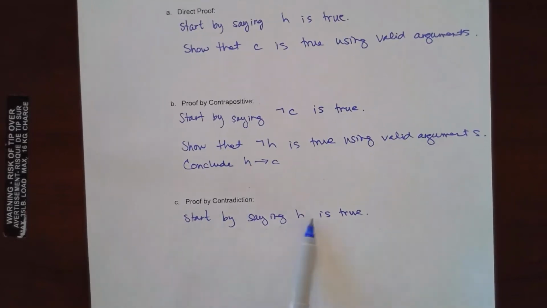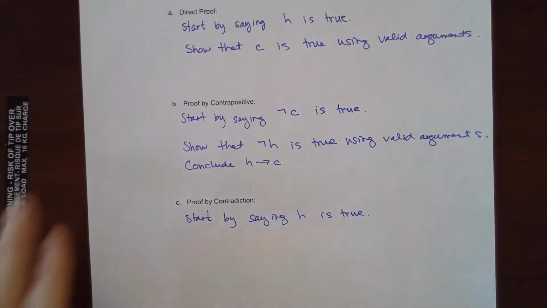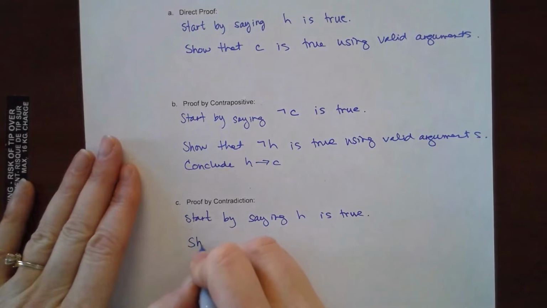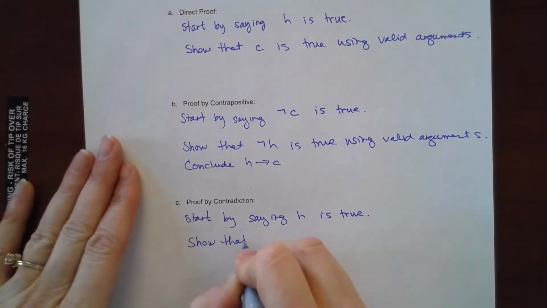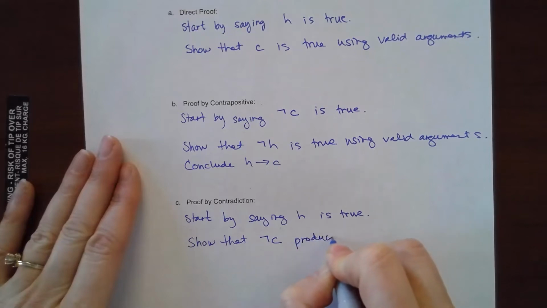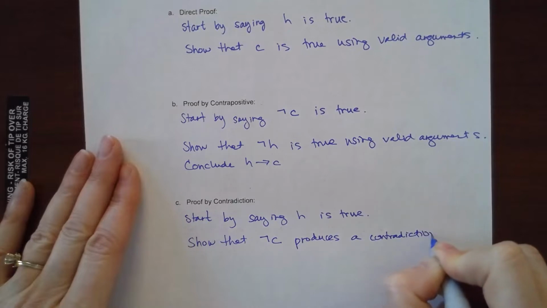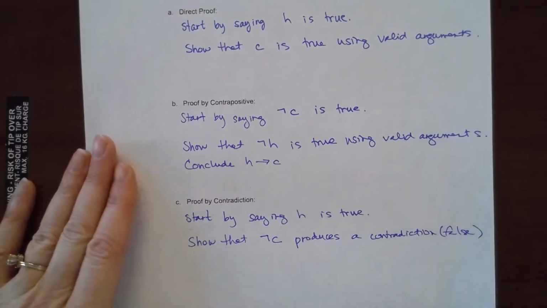With the proof by contradiction, I start by saying that H is true. I already know that H is true. Anything in the hypothesis is true. And then show that not C produces a contradiction. Contradiction is just false, right?